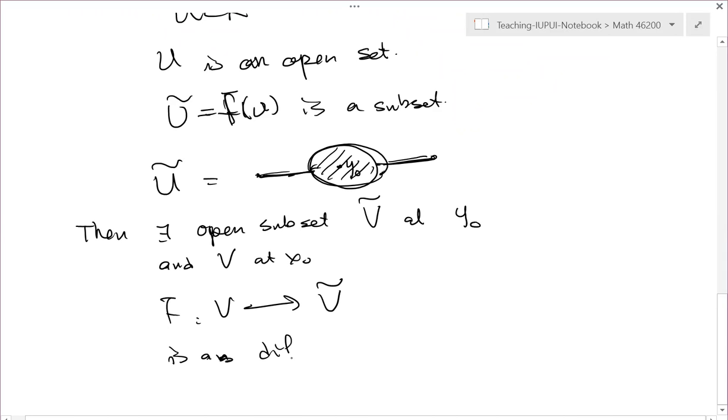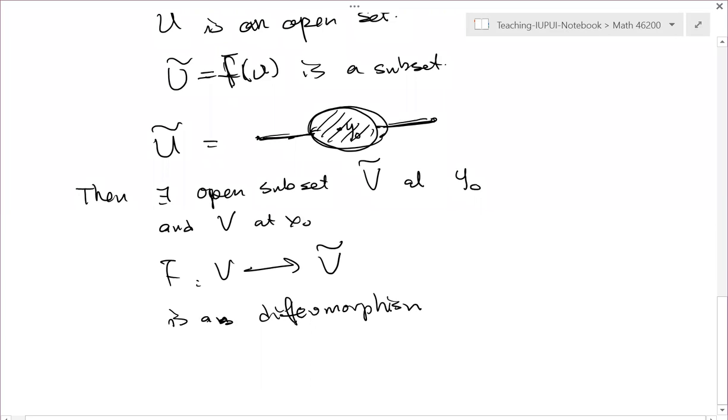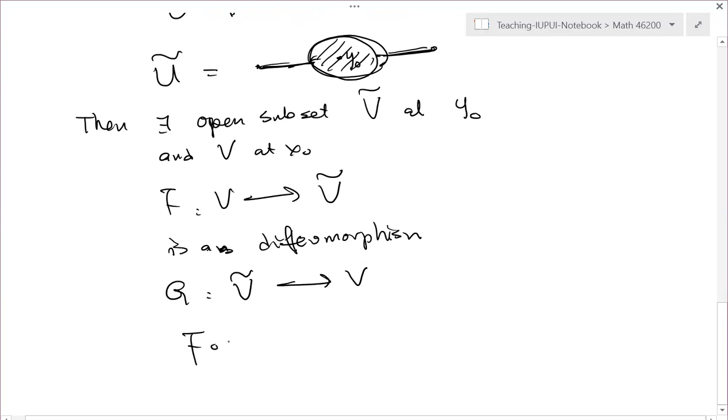Okay, so the inverse exists, and it's a diffeomorphism G from V2 dot to V such that G circle F is going to be the identity map, right?